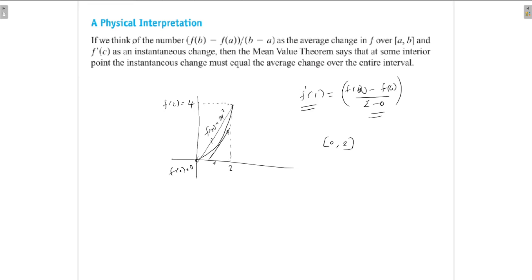So the physical interpretation is, if you think of the number f of b minus f of a divided by b minus a as the average change in f over [a, b], and f dash c is an instantaneous change, then the mean value theorem says that at some interior point, the instantaneous change must equal the average change over the entire interval. This is the physical interpretation of the mean value theorem.